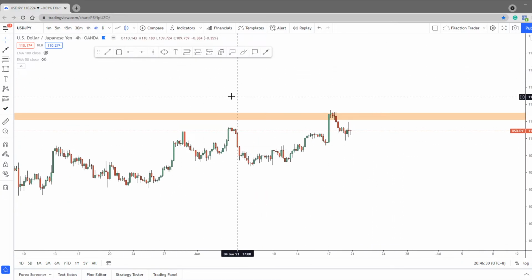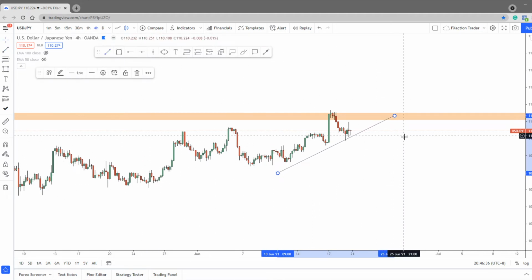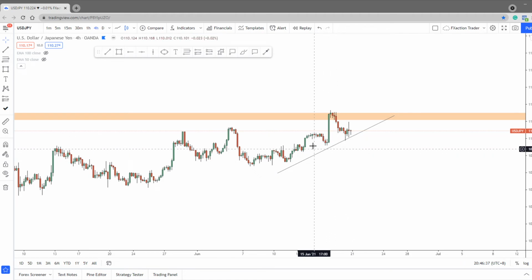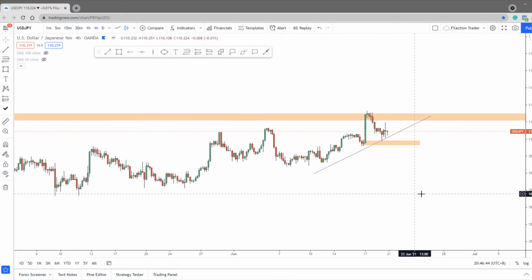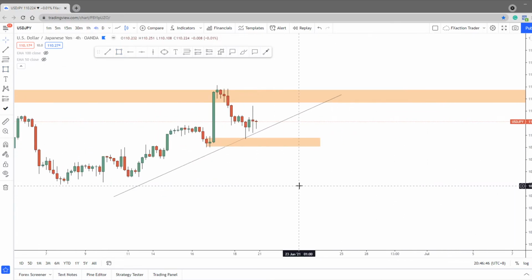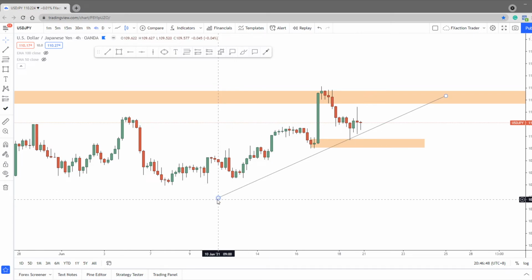So this week, we can see that market is somehow still supported by this uptrend trend line, and we have an important level to watch here. Meaning to say that we still cannot jump into a sell trade yet.